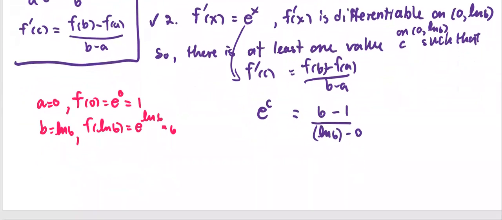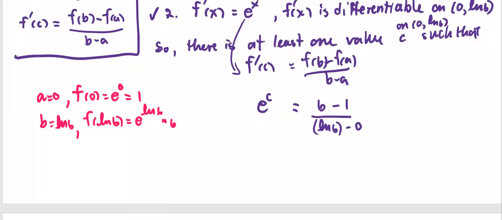You don't have to put parentheses around it if you know exactly it's log 6 by itself, subtracting 0. I put the parentheses just in case the number for a is not 0. I don't want you to get confused with whether you can subtract 6 and the value a that you put in. And actually, the answer is no. All right, simplify the right hand side. We have 5 divided by natural log 6.